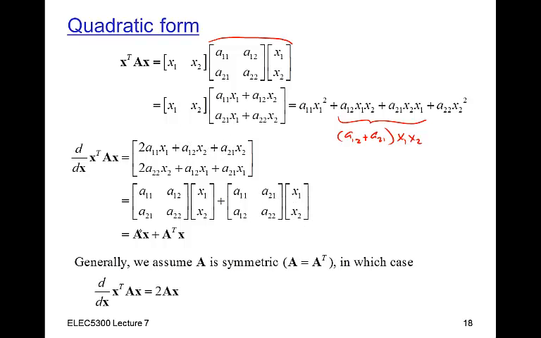Okay, so that's the first line, and you can do the second line yourself. And so I get this form here, but now since I've assumed that A is symmetric, what I can get is that the derivative of the quadratic form with respect to x is just 2 times the matrix A times x.